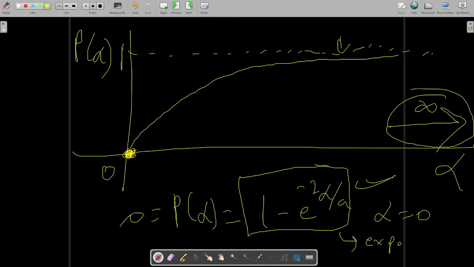So you can write over here that for alpha tending to infinity, P of alpha almost tends to 1.